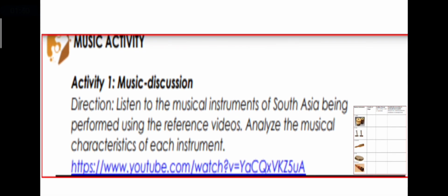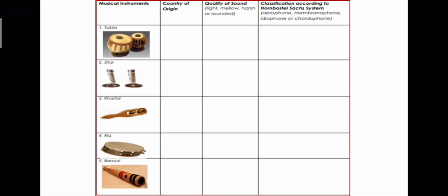In our music activity, what you have to do is listen to the musical instruments of South Asia being performed using the reference video. Makikita nyo ngayon sa inyong screen ang link ng YouTube video na kinakailangan nyong panoorin. After watching the YouTube video, analyze the musical characteristics of each instrument. Then fill out this table in your answer sheet.